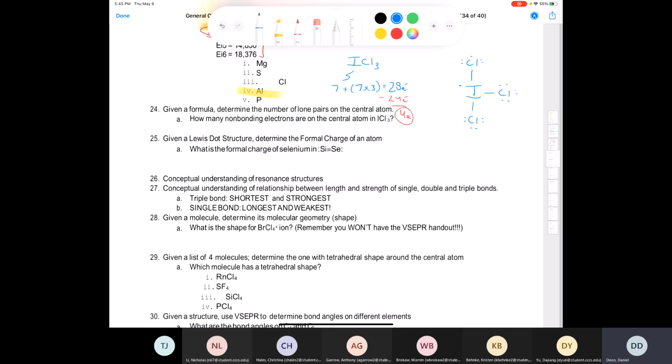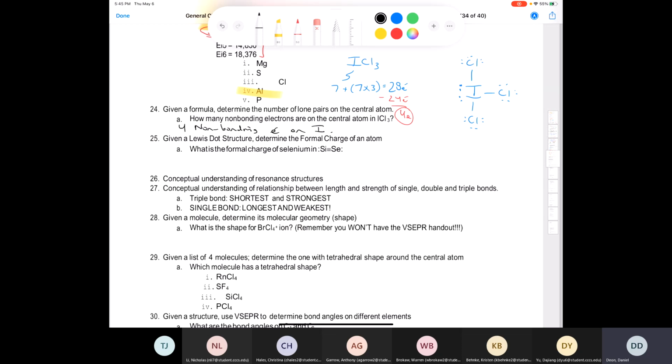They're going to go on the central atom. 2 here and 2 here. So there's 2 lone pairs on the central atom. So that means we have a total of 4 non-bonding electrons on the iodine in ICl3.